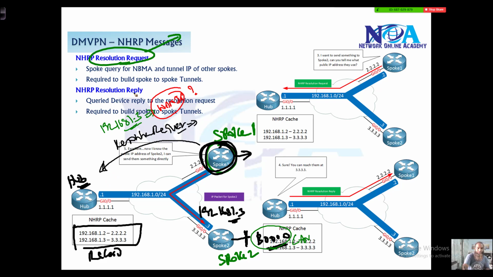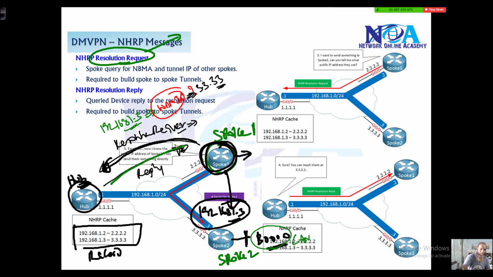Based on that request, the hub is going to reply back, saying that to reach that particular WAN interface, the public IP is 3.3.3.3. So basically the resolution request is the spoke requesting information about another spoke, spoke 2, and this is sent to the hub, and whatever the reply is, that is called the resolution reply.